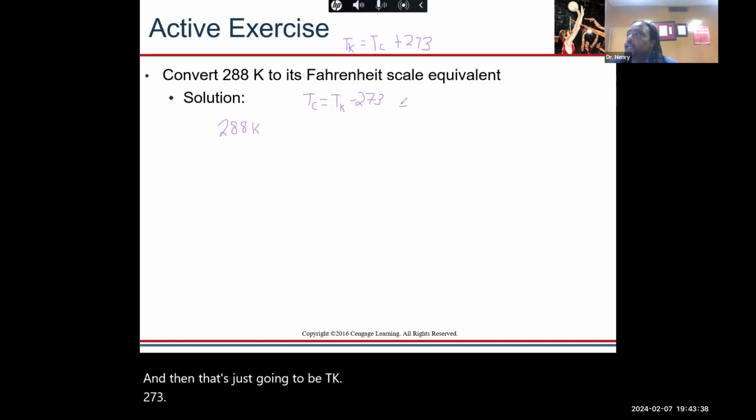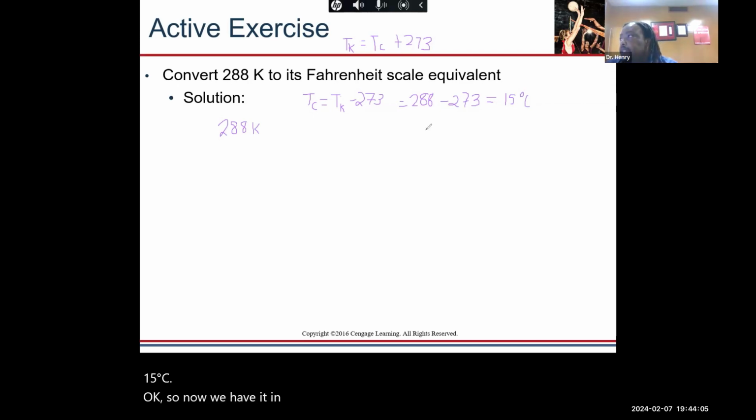Okay, so we'll go ahead and plug in that number. We have 288 minus 273, and that's going to be 15 degrees Celsius. Okay, so now we have it in Celsius.